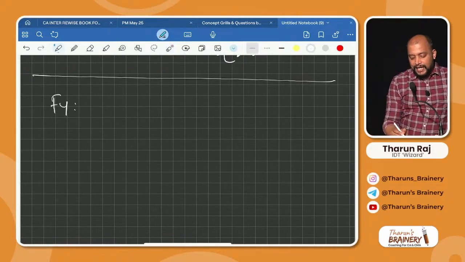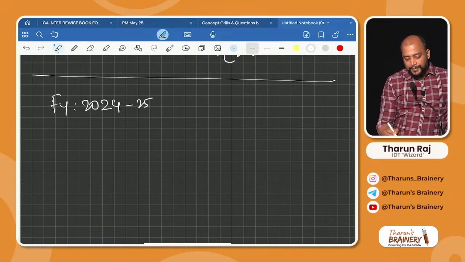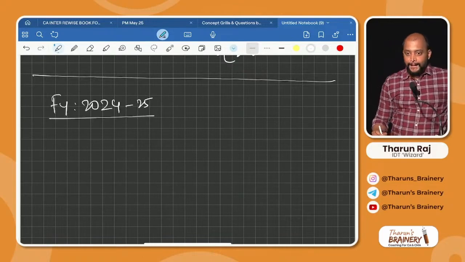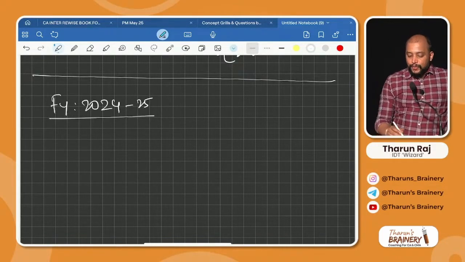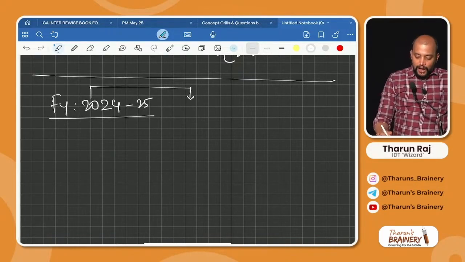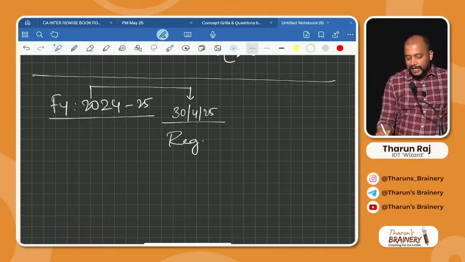Financial year 2024-25. Okay, and what happened for this financial year 2024-25? On 30th April 2025, registration cancelled.